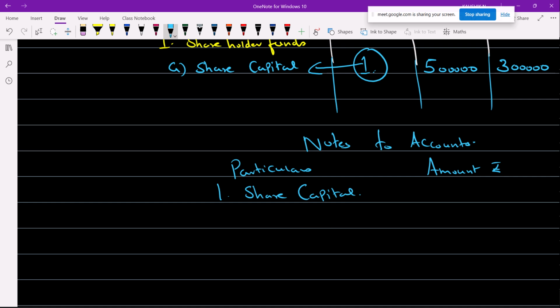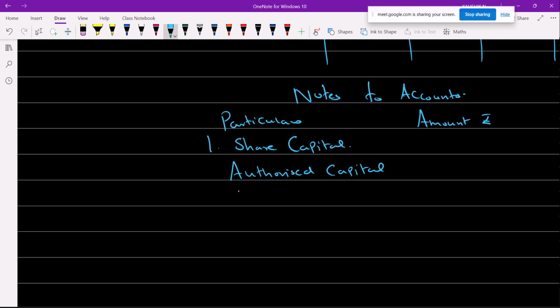You'll write share capital, and after that authorized capital, and below this authorized capital you'll mention, say for example, 10,000 equity shares of rupees 10 each, followed by 10,000 preference shares of rupees 10 each.